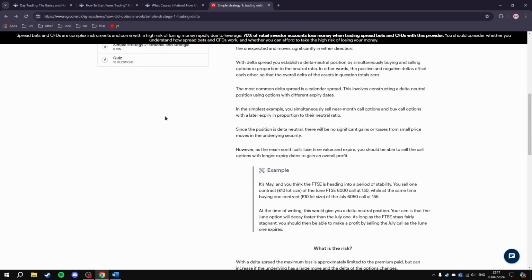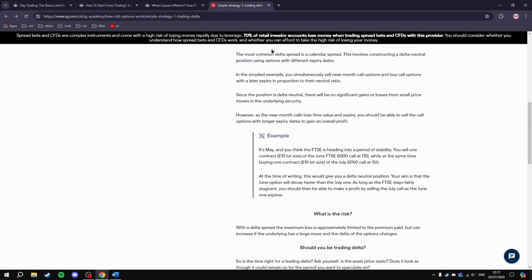So for a delta spread, you establish a delta neutral position by simultaneously buying and selling options in proportion to the neutral ratio. In other words, the positive and negative deltas offset each other so that the overall delta of the asset in question equals 0. The most common delta spread is a calendar spread, which involves constructing a delta neutral position using options of different expiry dates.